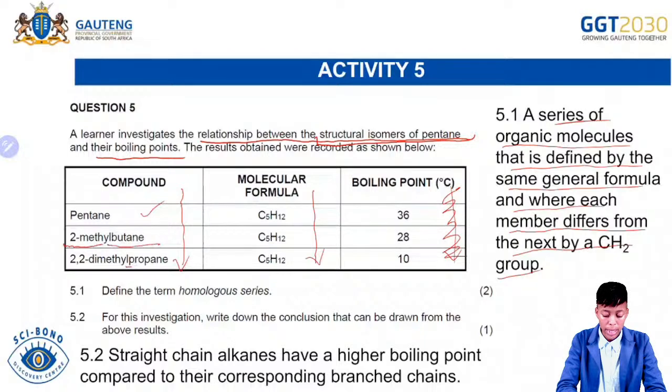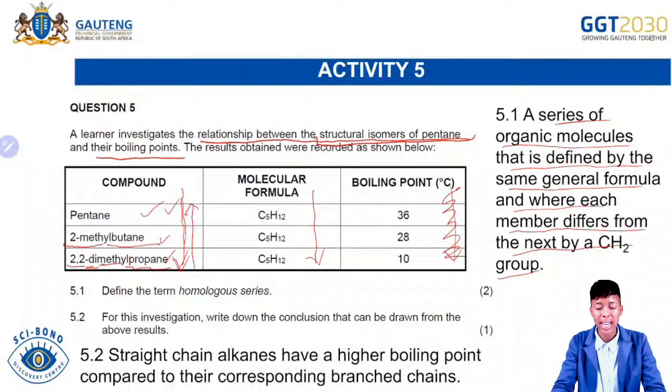And the last one has a total of 3 carbons, and 2,2 means that on position number 2 we are going to have two methyl groups, because di means two. So as we go down, we have more branches, but as we go up, we have fewer branches. This 2,2-dimethylpropane is more branched as compared to the others, and pentane is therefore a straight chain alkane.